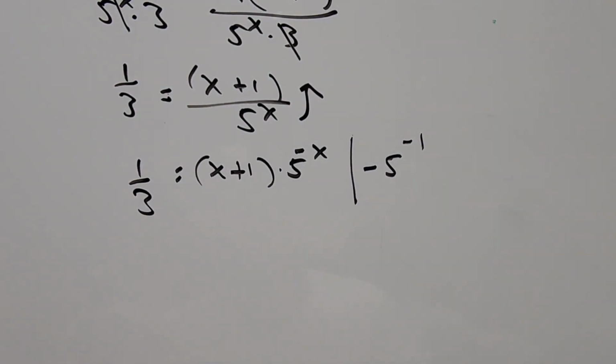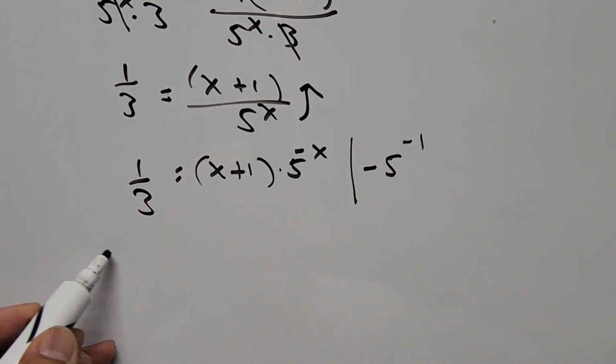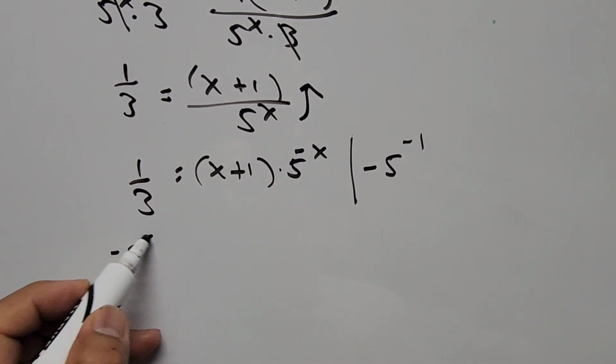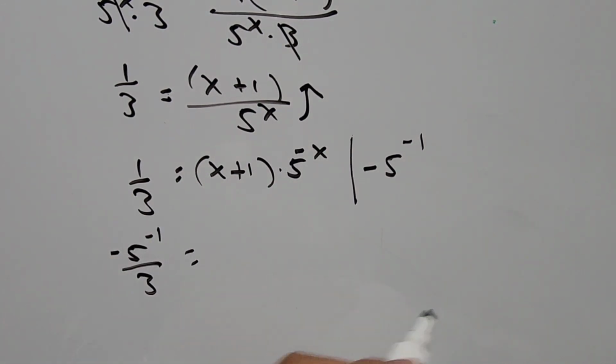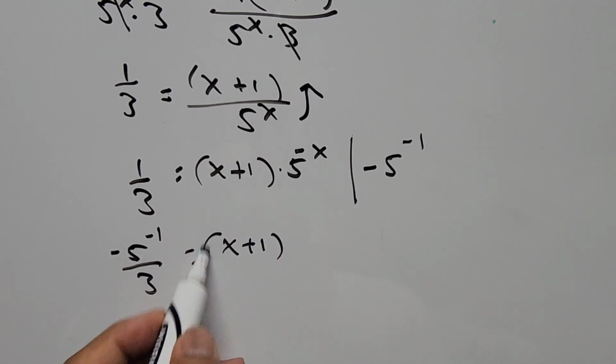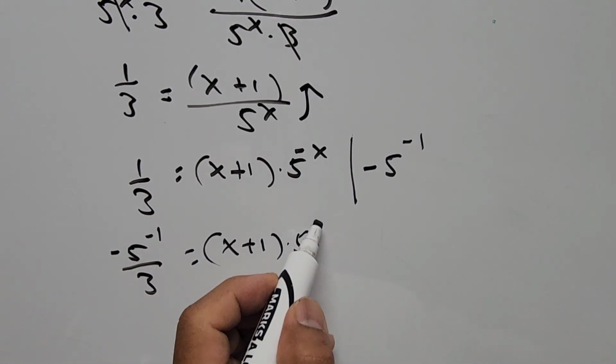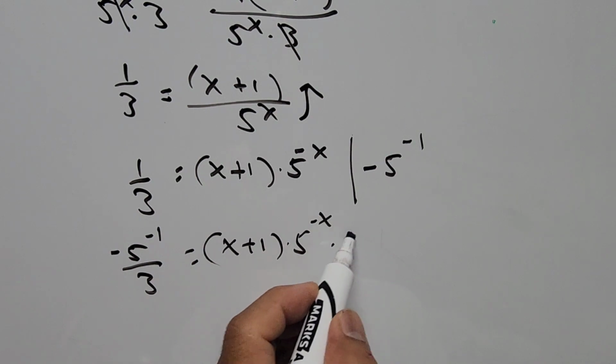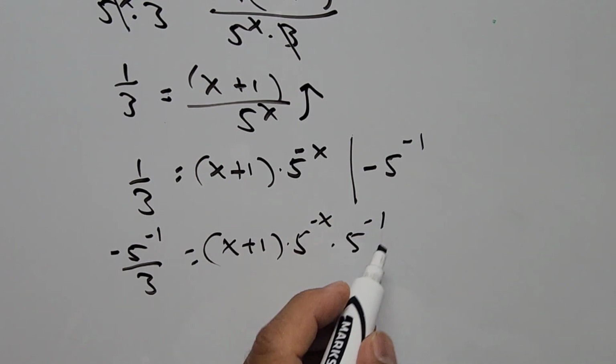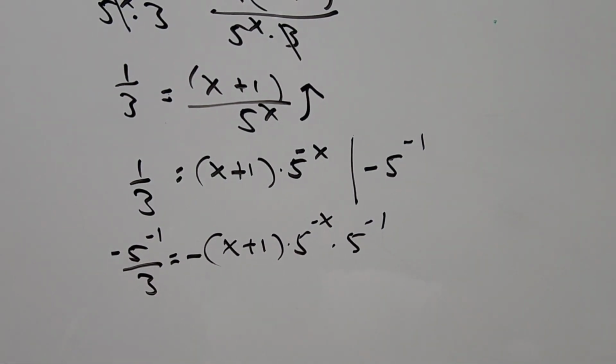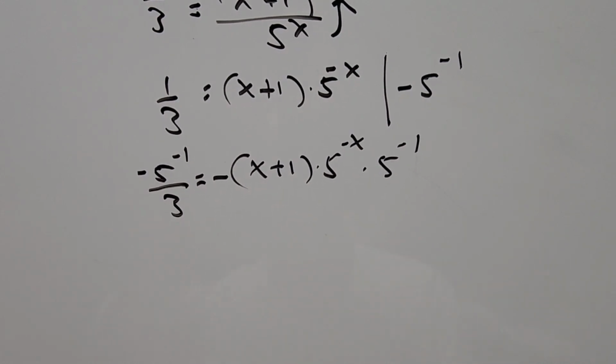So now, the left-hand side is negative 5 to the power of negative 1 divided by 3, equal to x plus 1 times 5 to the power of negative x times 5 to the negative 1. Now, let's simplify the equation.